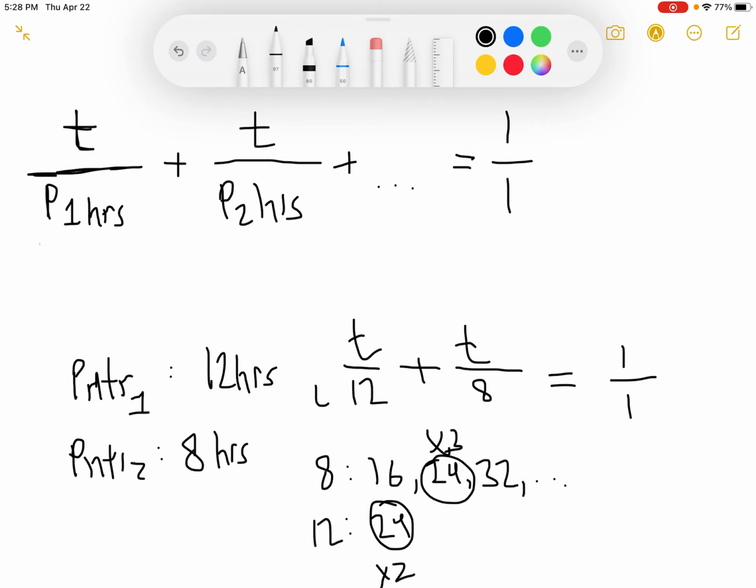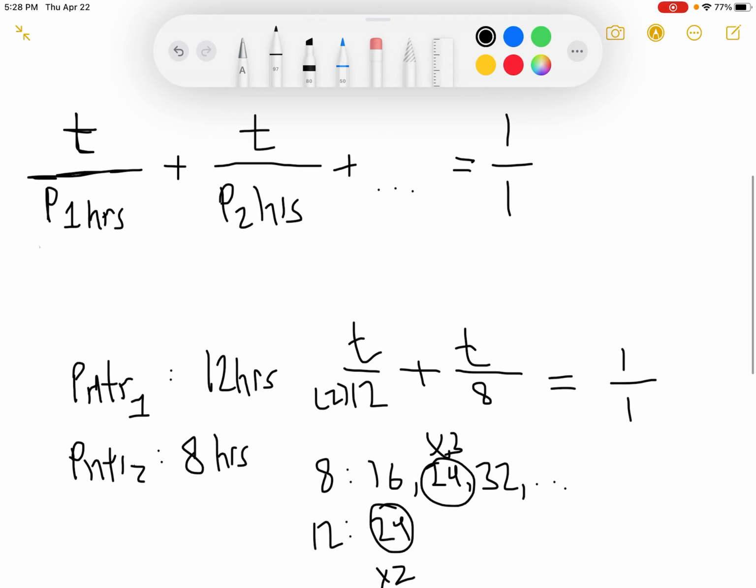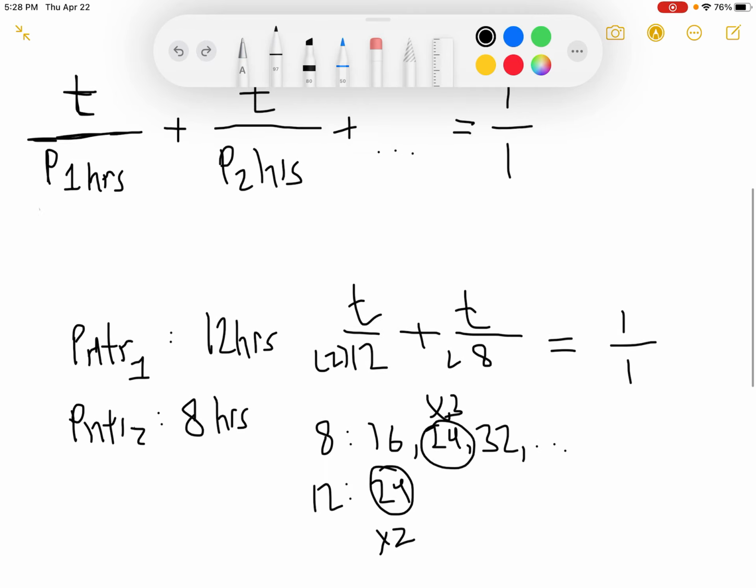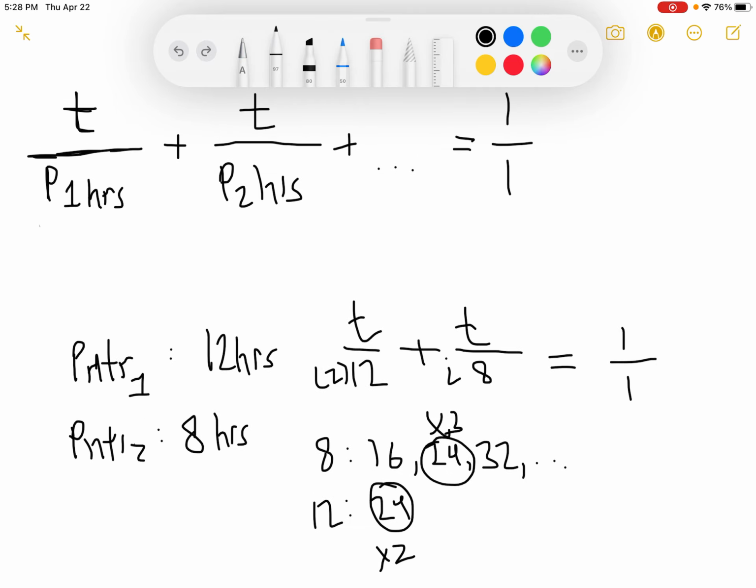So 2, 3. And you have to do it to the numerator too. Remember that. Not only do you have to make that denominator the same, you have to make that one the same too.